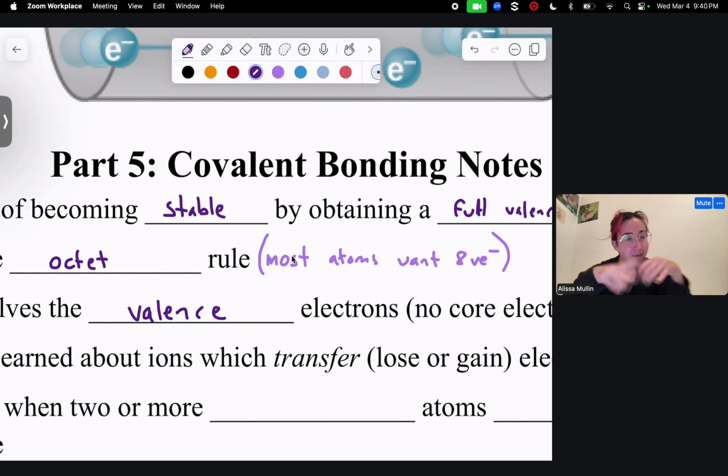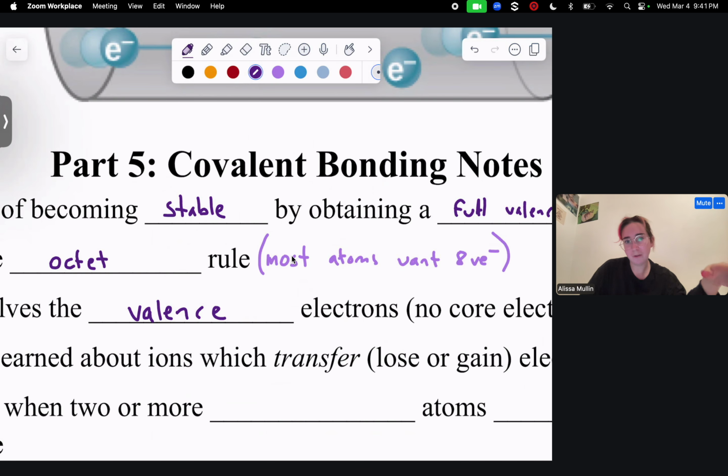The nucleus is important, but the electrons are the ones actually interacting with the surroundings and with each other. If two atoms bump into each other and interact, the part that actually touches is the outside, the valence electrons.